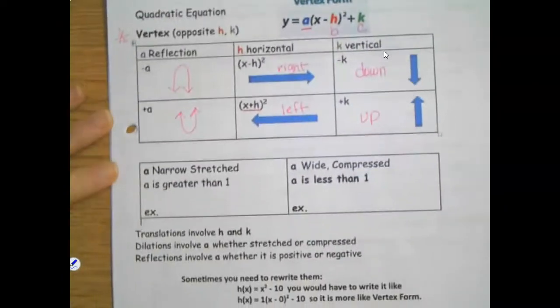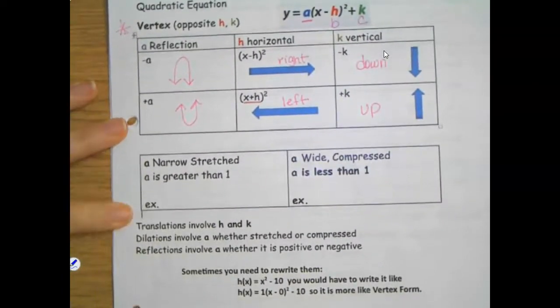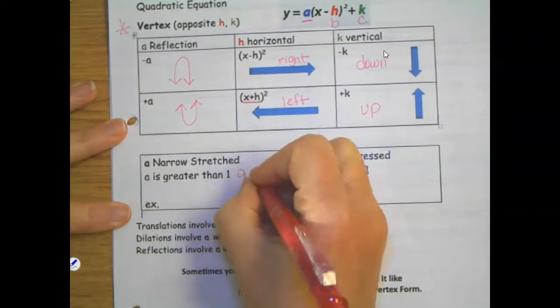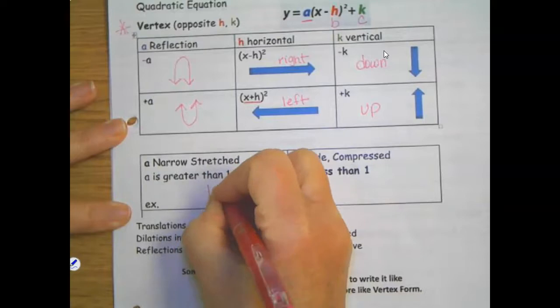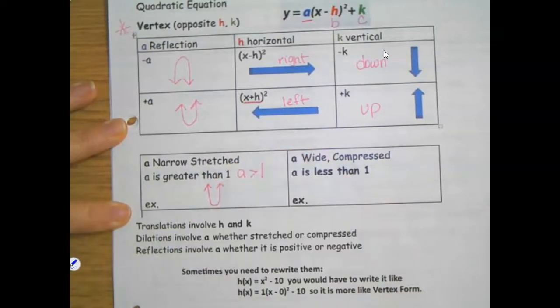Okay, let's confuse this a little bit more. Now, A is narrowly stretched if it's greater than 1. So if your A is greater than 1, you're going to be like, I don't know, Stretch Armstrong.